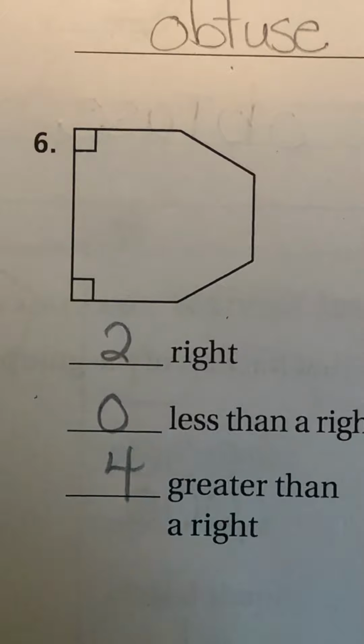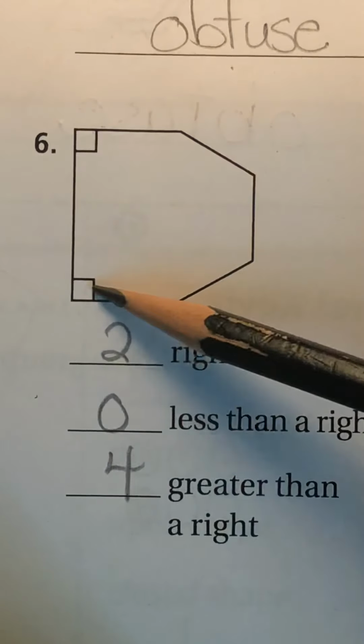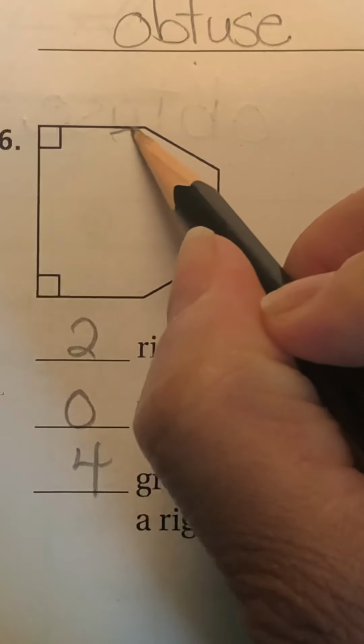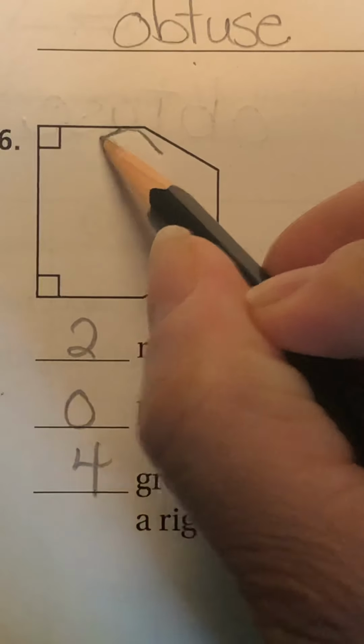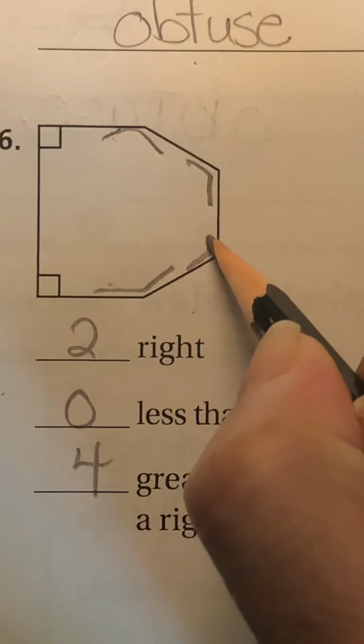Okay, now go to number 6. Number 6, here is the shape. You can see that there are 2 right angles because you can make 2 perfect squares in those corners. There are no acute angles. So if I draw here, this is an angle. This is an angle, that's an angle, and that's an angle.